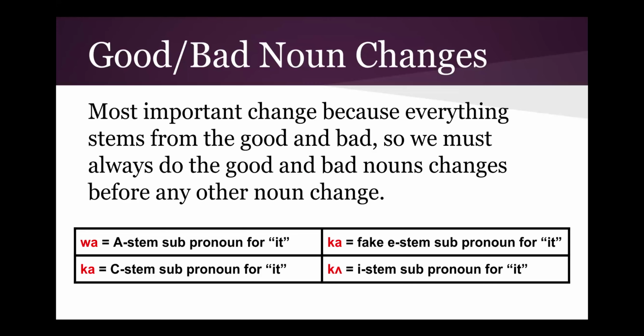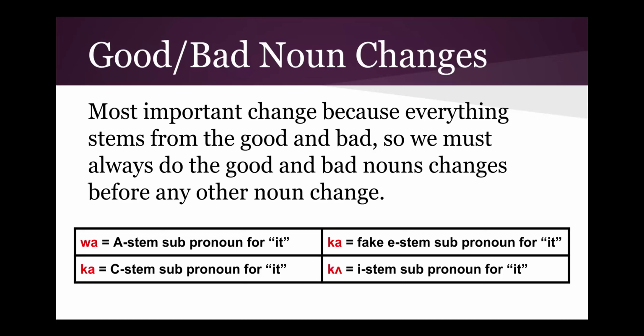So like I was talking about earlier, the good and the bad noun changes are the most important change because everything stems from the good and the bad. So we have to always do that before we start trying to incorporate that noun in any other verb root. Because that's going to tell us what the joiner is and how it's used and how we're going to bring it along to the next verb root that we're going to use.